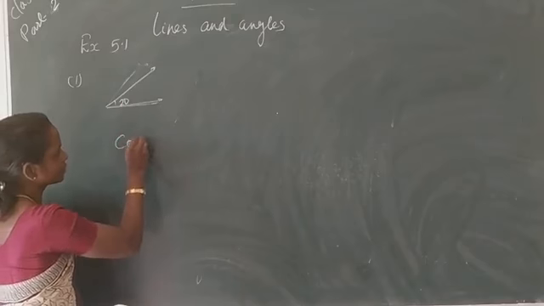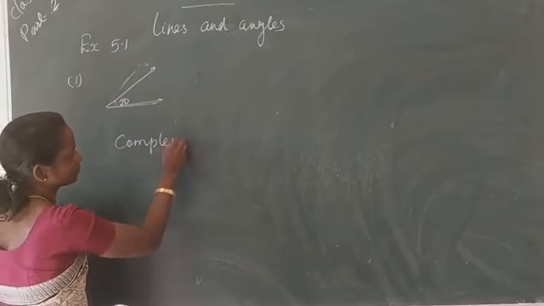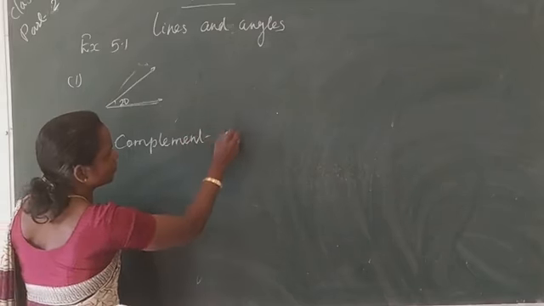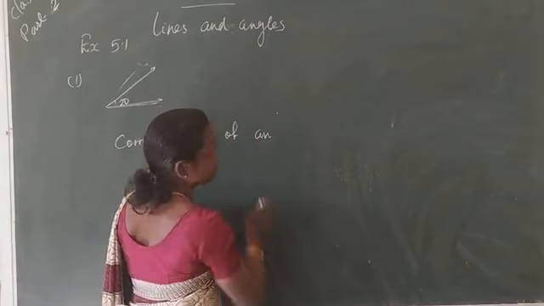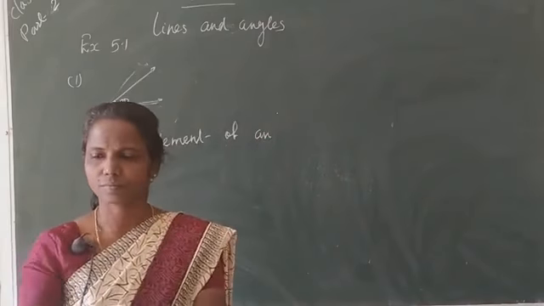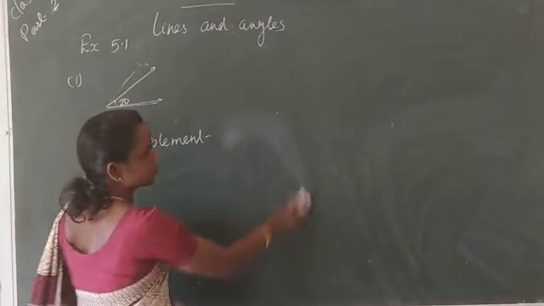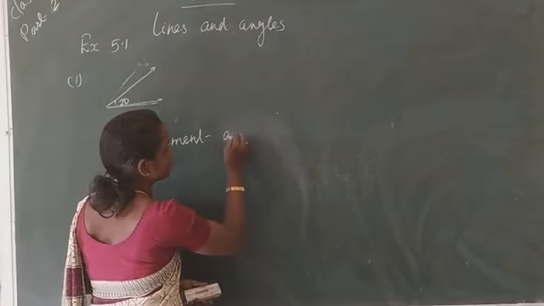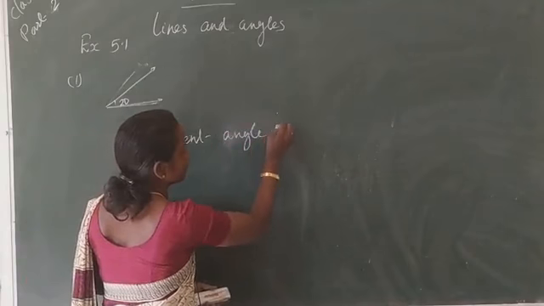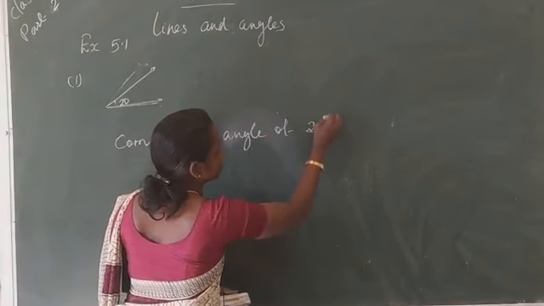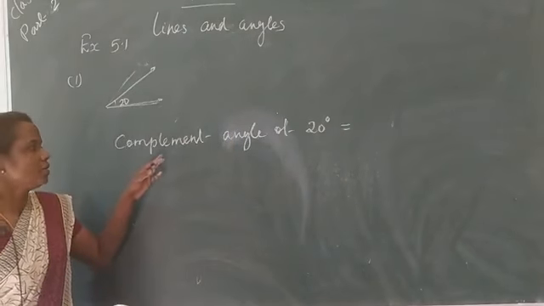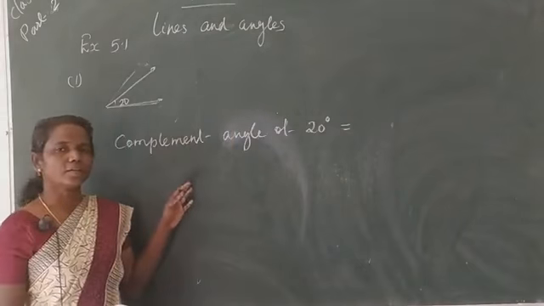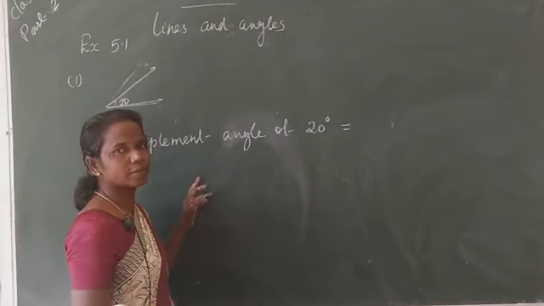Then the complement of an angle of 20 degrees. We know complementary angles are two angles whose sum is 90 degrees.